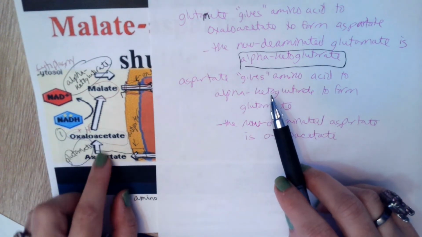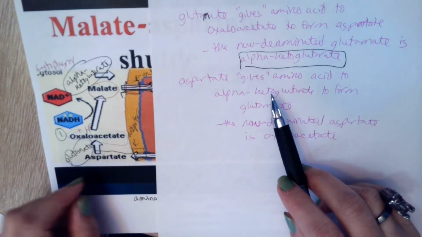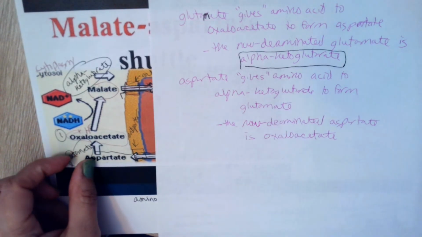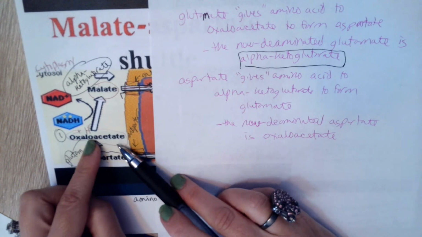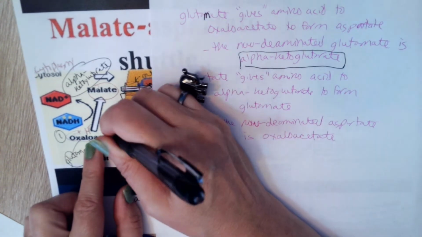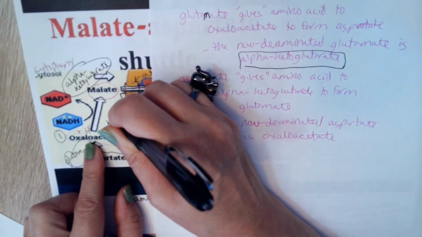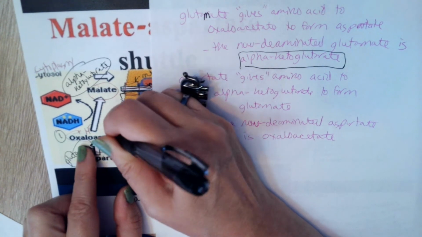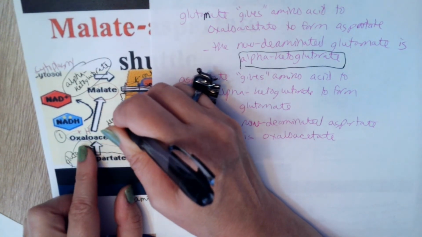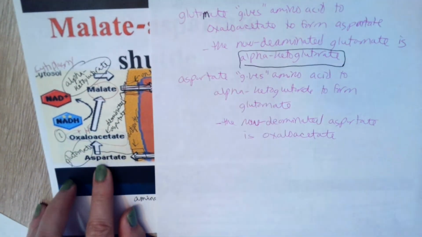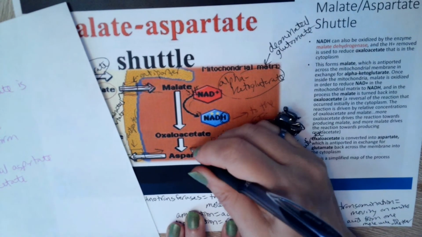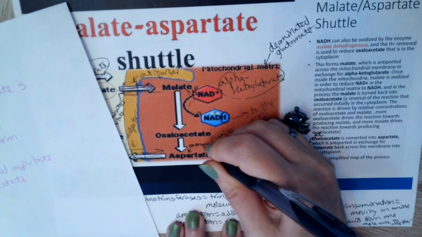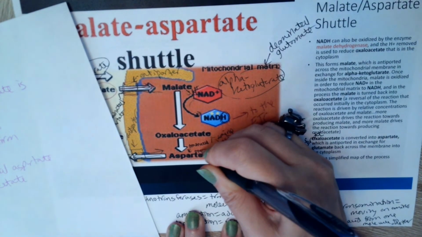So then we are just back to oxaloacetate. We took away the amino acid from aspartate, so we're just left there. So oxaloacetate is the deaminated form of aspartate, and aspartate is the aminated oxaloacetate.